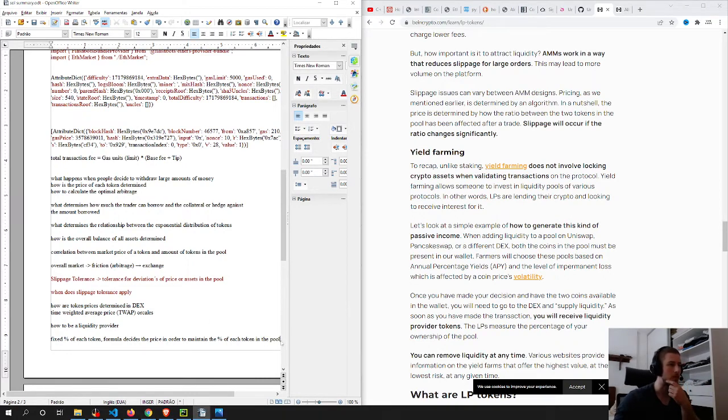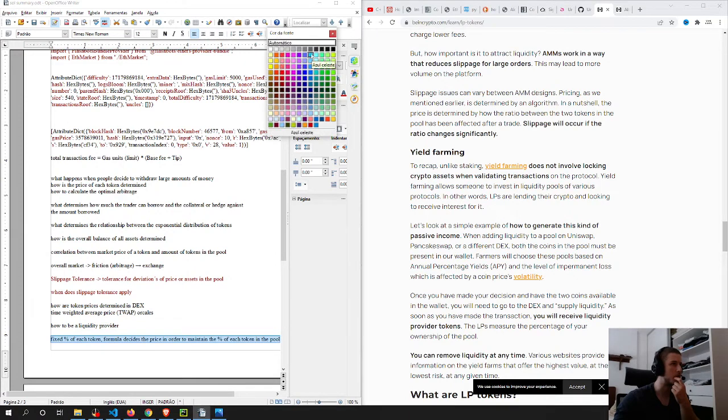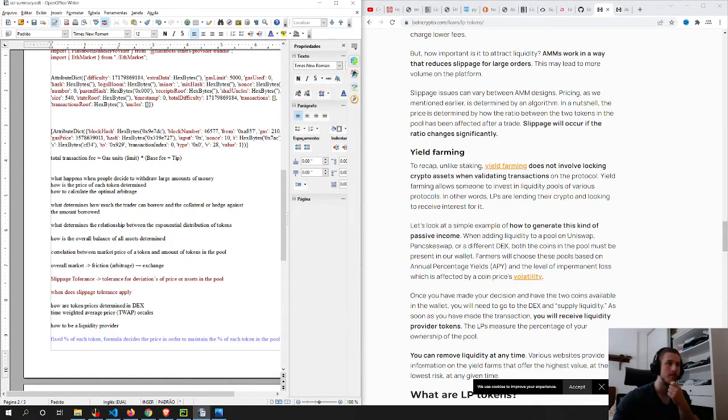And I think I'm gonna mark this as blue, so I know that it's something that I wanna look at. Slippage will occur if the ratio changes significantly. So it's kind of like a hedge for whenever people remove or add large amounts of liquidity, or the price fluctuates a lot.